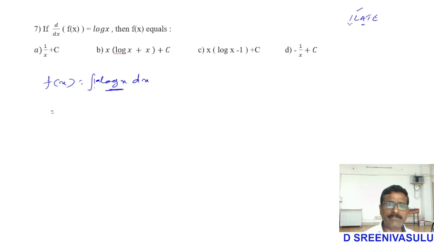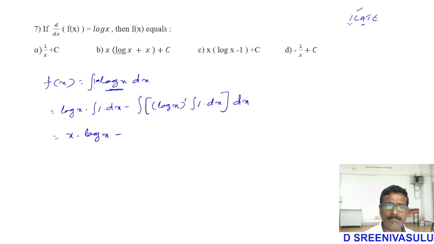By parts method means first function into integral of second function, minus integral of differentiation of first function into integral of second function dx. This is the formula. Integral 1 dx is x. This is x log x minus integral, log x differentiation is 1 by x, 1 dx is x, into dx.